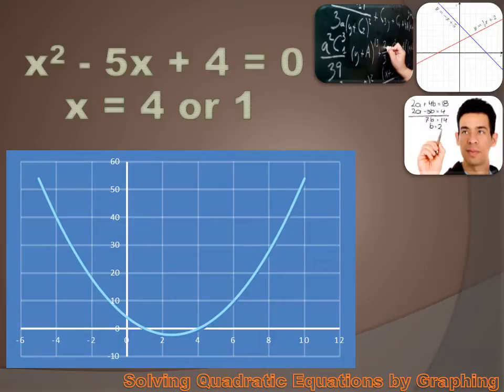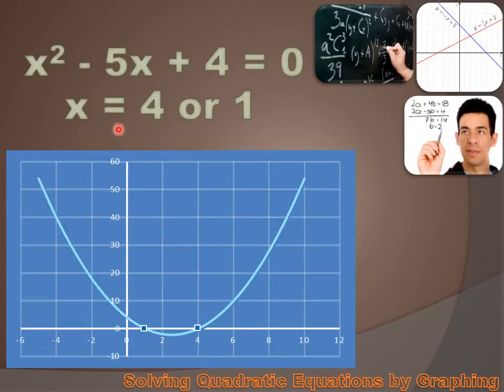And here's some interesting stuff. You can see that this curve crosses the x-axis at 2 points. It crosses it at 1, and it crosses it at 4. It crosses right here at 1 and right here at 4. And guess what?